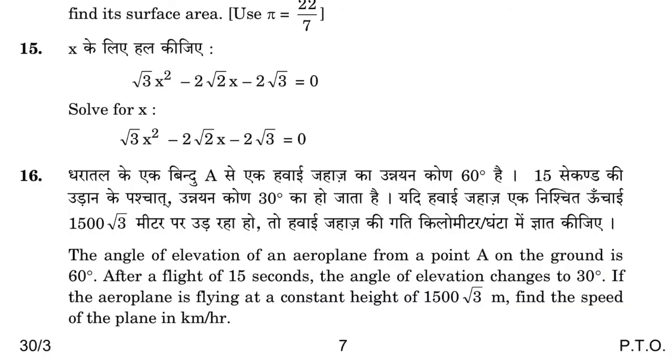Question number 16. The angle of elevation of an aeroplane from a point A on the ground. So let this be point A and the angle of elevation is 60 degrees.